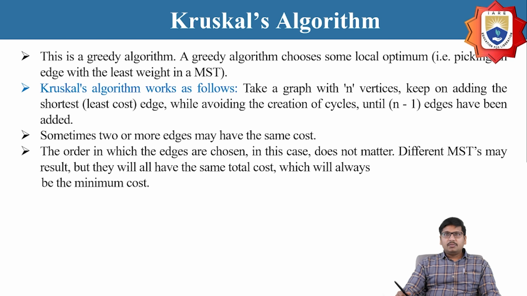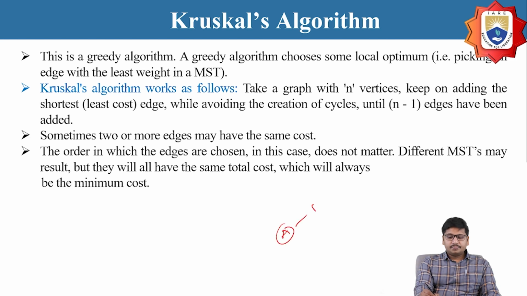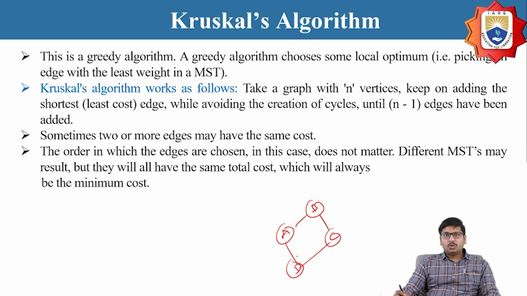So the Kruskal's algorithm is as follows. Take a graph of n vertices and keep on adding the shortest edge, avoiding creation of cycles, until n-1 edges have been added.